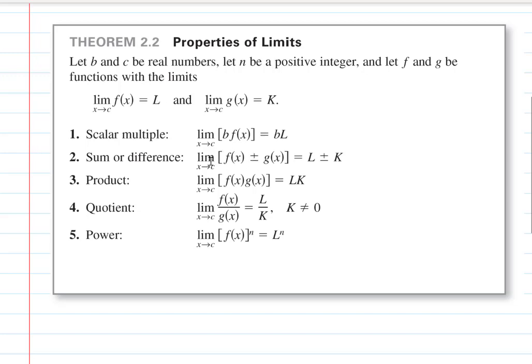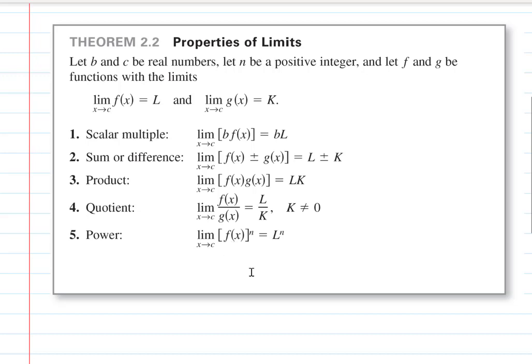If we take the limit of the sum of two functions, since we already know these two exist, then we can just add the two limits. And same thing for product, same thing for quotient, of course understood that k is not equal to 0 so this is not undefined, and also for a power.